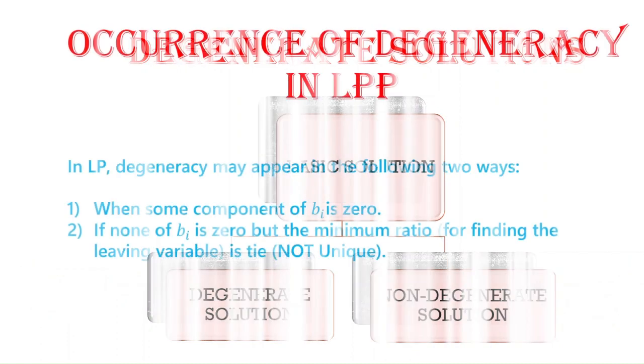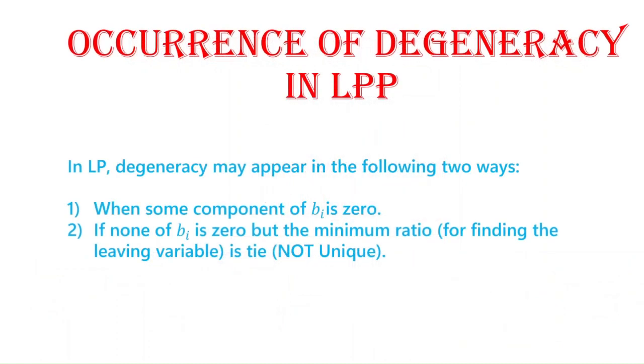There are certain conditions when degeneracy occurs in a linear programming problem. In the linear programming problem, degeneracy may appear in the following two ways. The first one, when some component of bi is equal to 0. That means in the given question, the right hand side of the constraint, if any of those are equal to 0, then obviously you will be having a degenerate solution as the final answer.